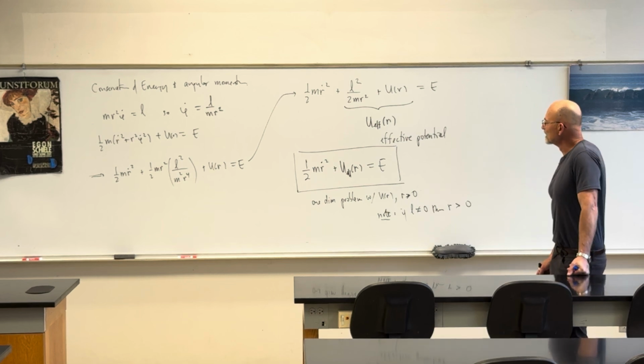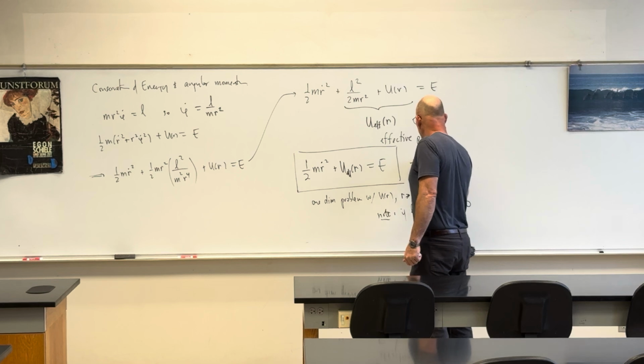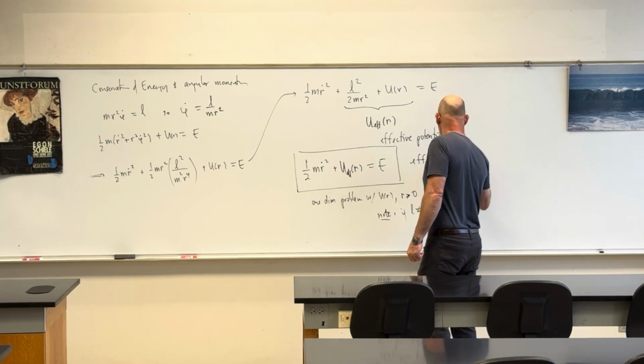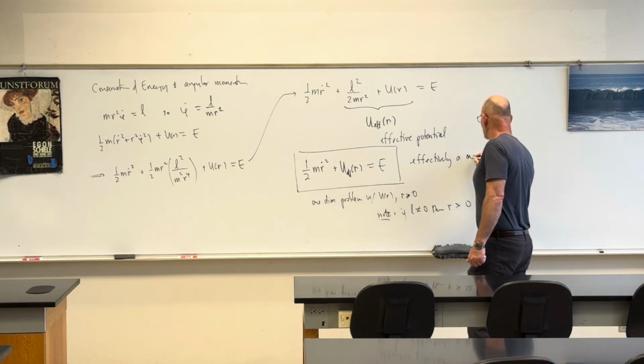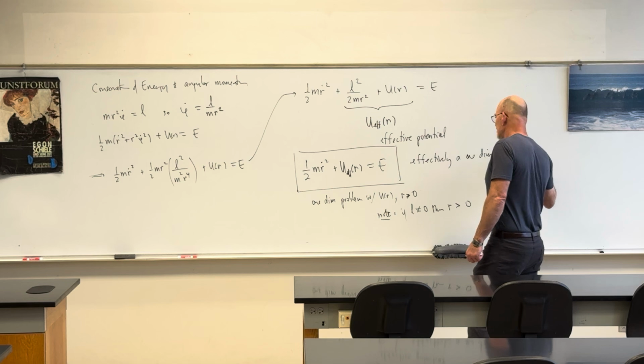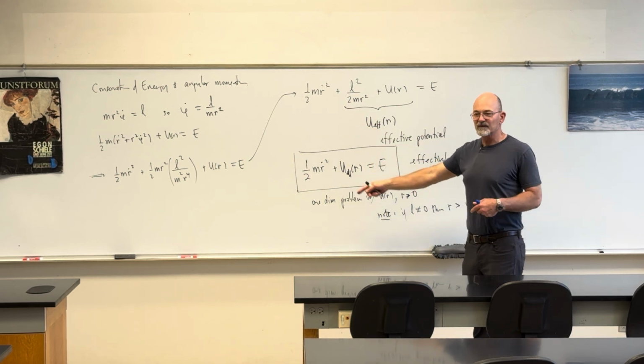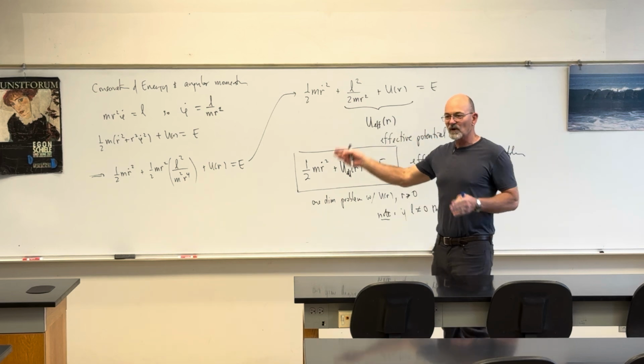Let's see what else we can do in the last couple of minutes. So effective potential, effectively a one-dimensional problem. So you then solve this problem, and then you go back and remind yourselves, oh yeah, but we're actually working in two space.